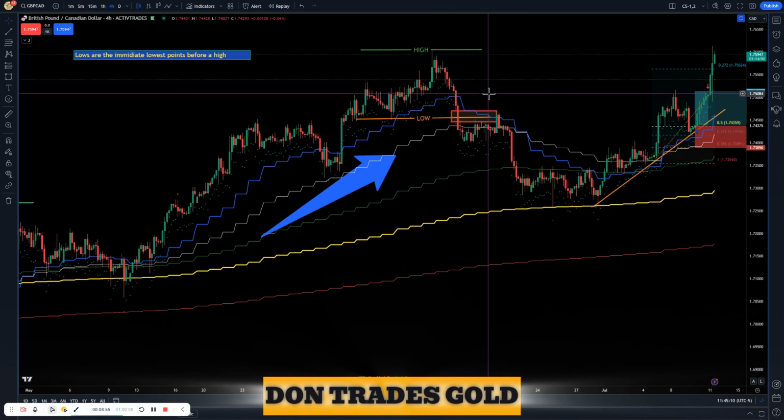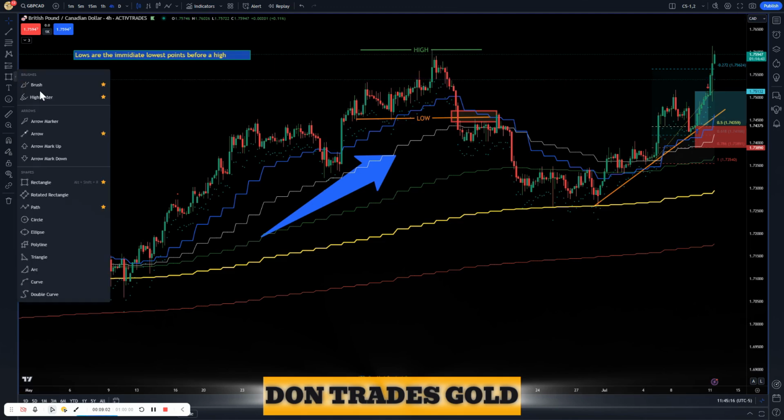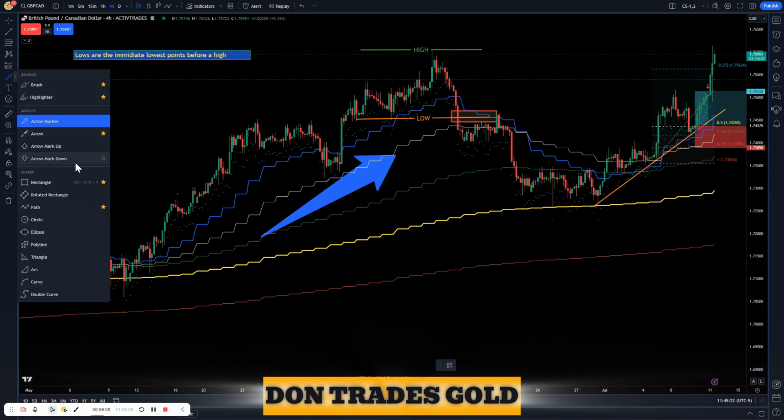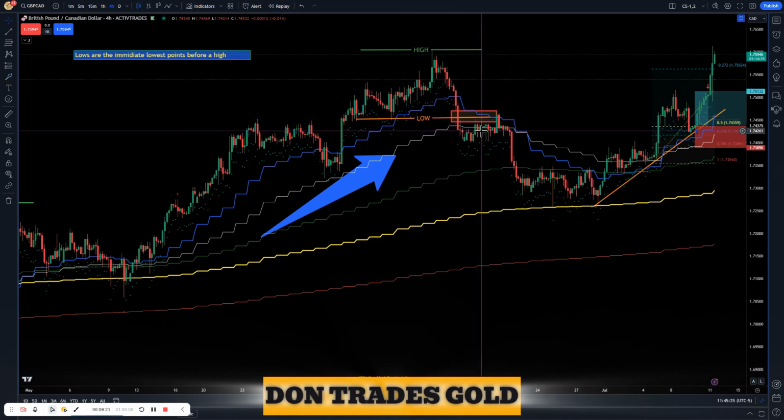To make it a downtrend, it should be lower highs and lower lows. So let's just draw an arrow. We don't know now what it is, right? We don't know where the market is going. So now we're going to see whether it's a downtrend. Once the low is broken, the uptrend is cancelled, but it has not yet formed a lower high.